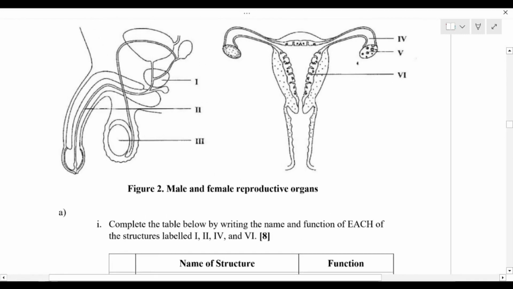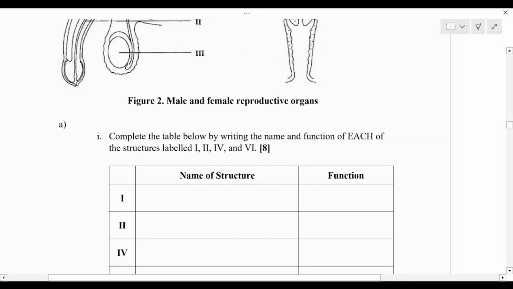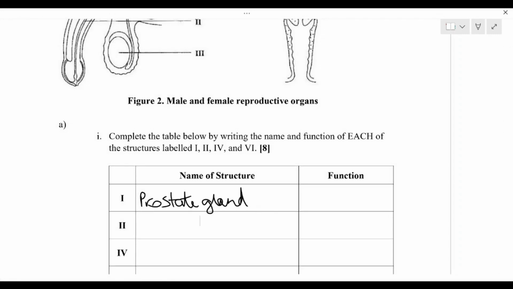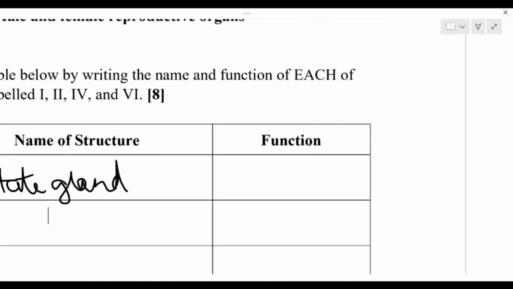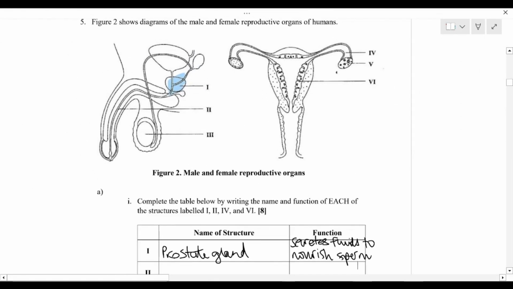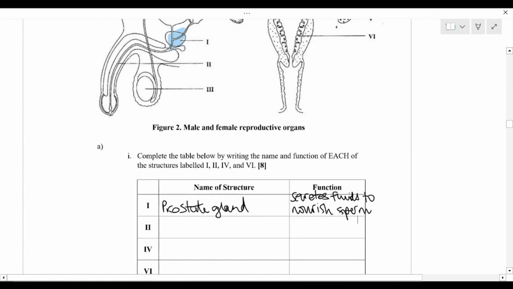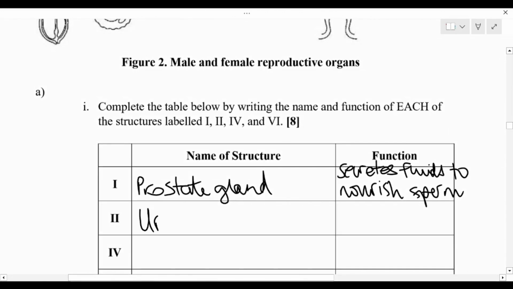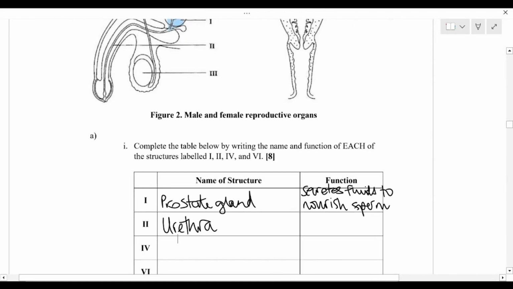Structure 1 is the prostate, which secretes fluids to nourish sperm. 2 is the urethra, which expels semen and urine from the body.